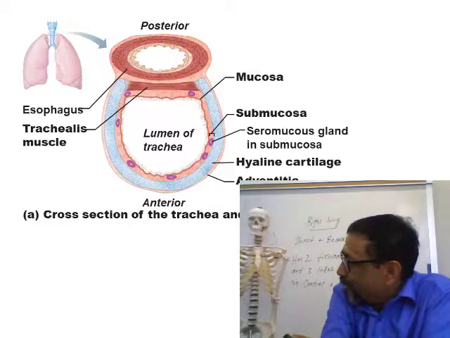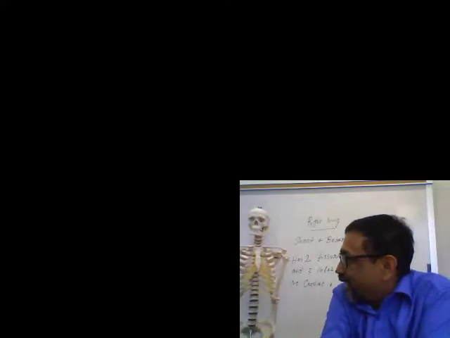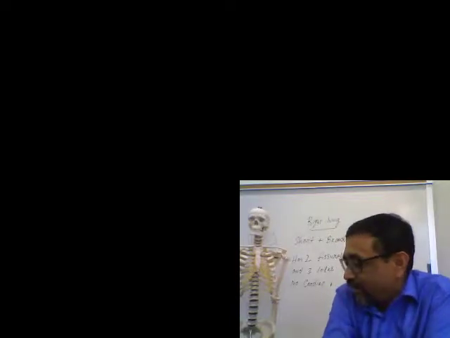In the back you see the trachealis muscle, and behind the trachea we all know we have the esophagus. So the trachea is for air, the esophagus is for food. The trachea is in the front and the esophagus is in the back. This is the histology, same thing. You see three layers.